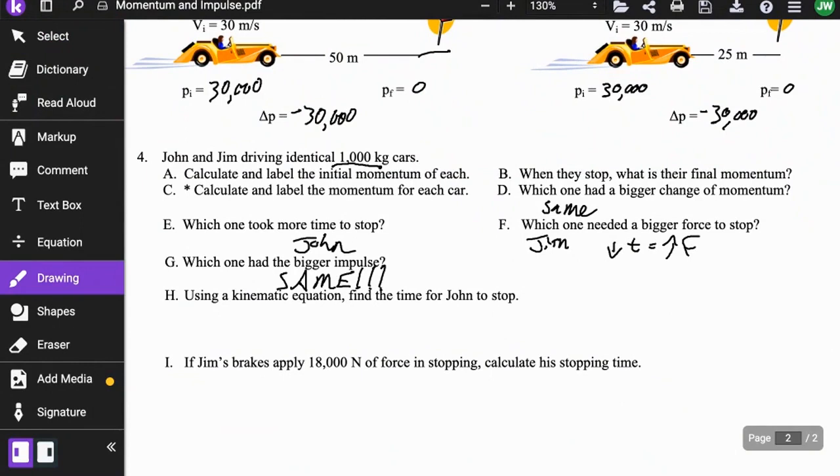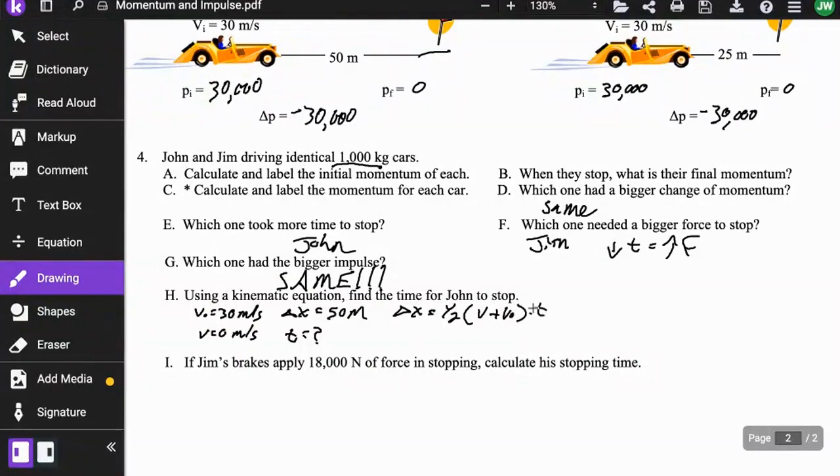Using a kinematic equation, find the time for John to stop. Well, the initial velocity is 30 meters per second. Final velocity is 0 meters per second. The change in position was 50 meters. And we're looking for time, so we don't have acceleration. So we'll use the equation delta x is equal to 1/2 times v plus v naught times time.